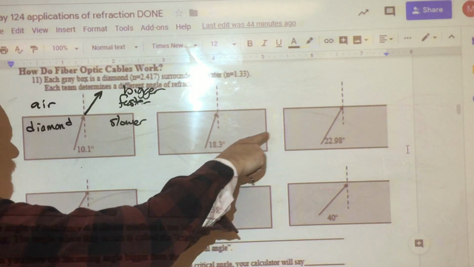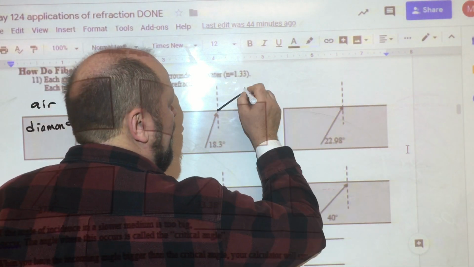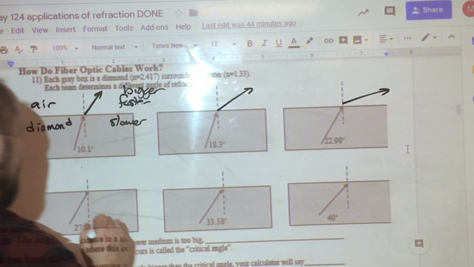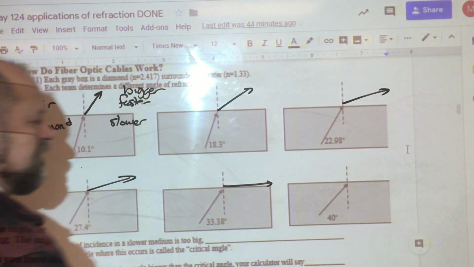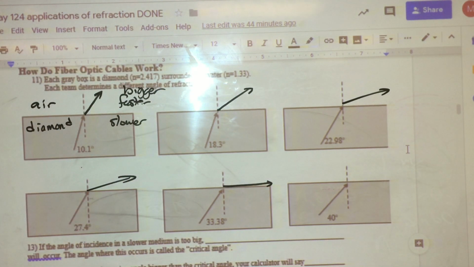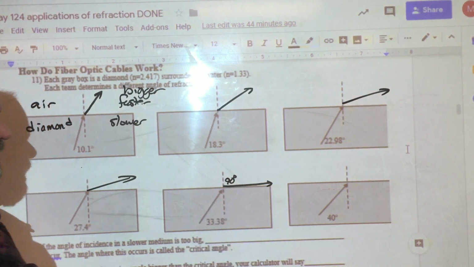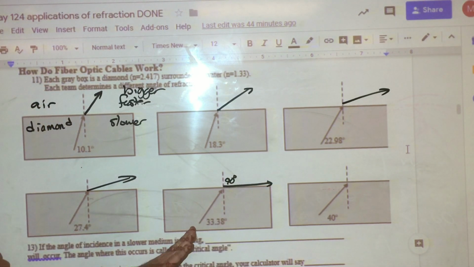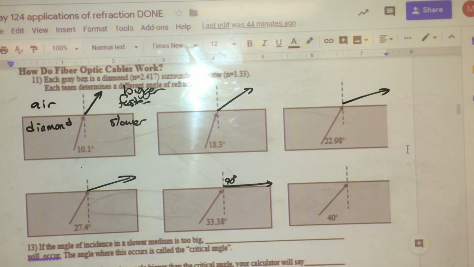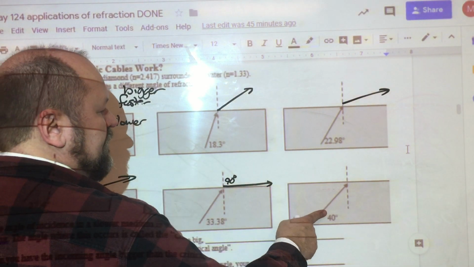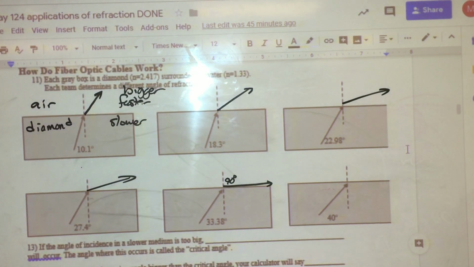And as we go to bigger and bigger angles of incidence, we're going to get bigger and bigger angles. In fact, at this angle right here, it's going to be virtually 90 degrees. The light that is angled this way is just going to skim the surface. If we try to do it with this angle here, 40 degrees, something strange is going to happen.